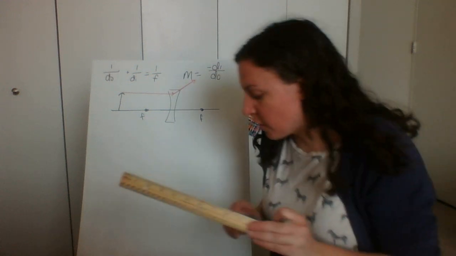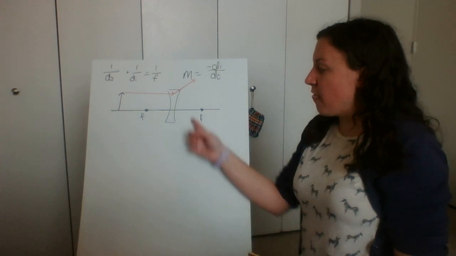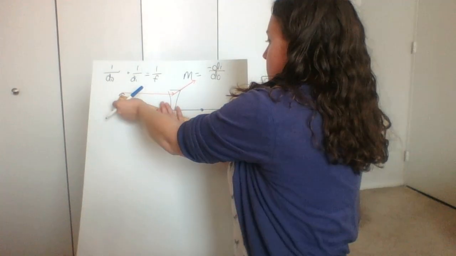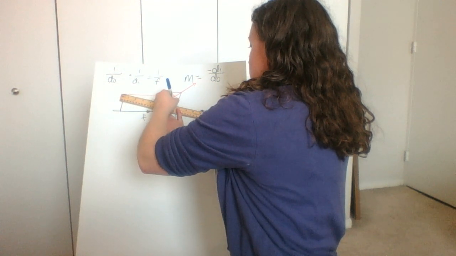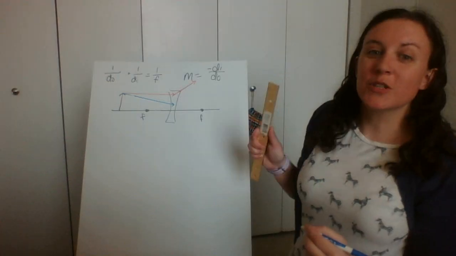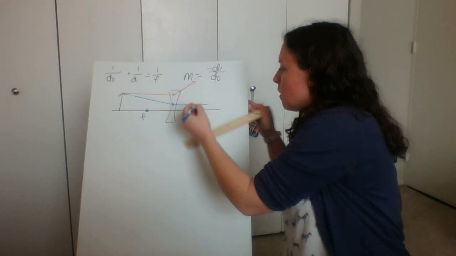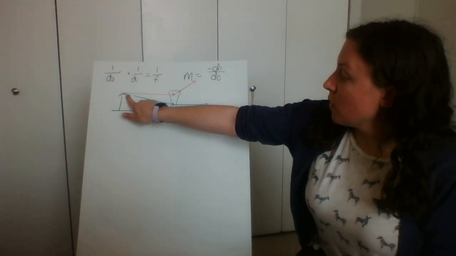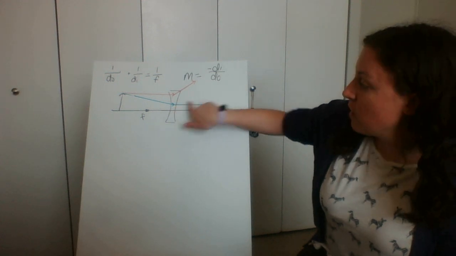You're going to line up the top of your object with this focal point over here, and draw it towards your lens until you get to your lens. Once you get to your lens, it goes parallel. So the red line, our first line, goes parallel, then away. The blue line goes towards the far focal point and then parallel.